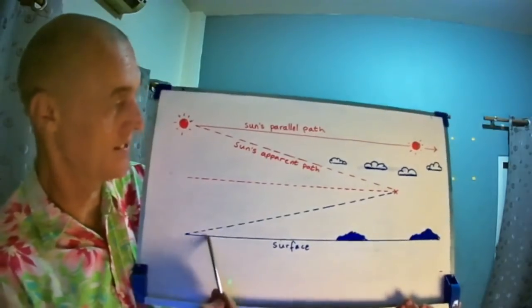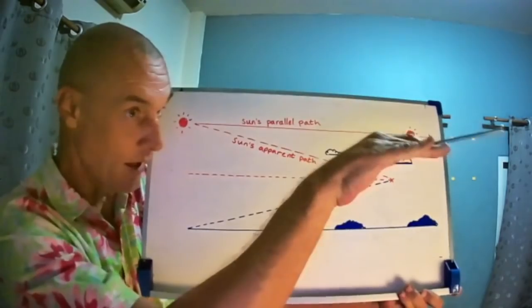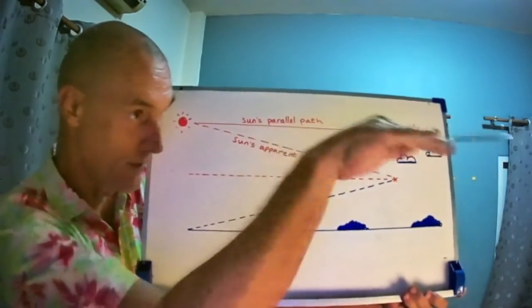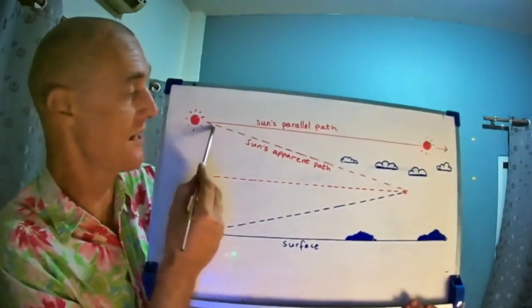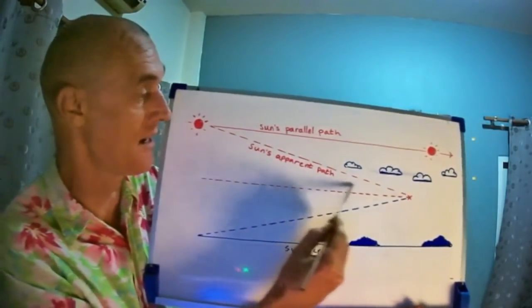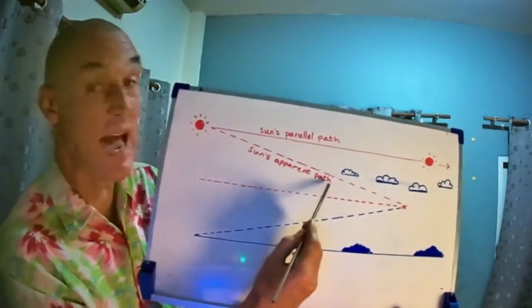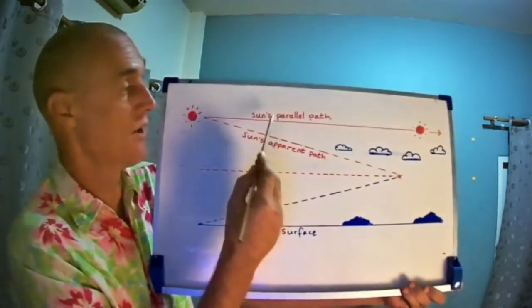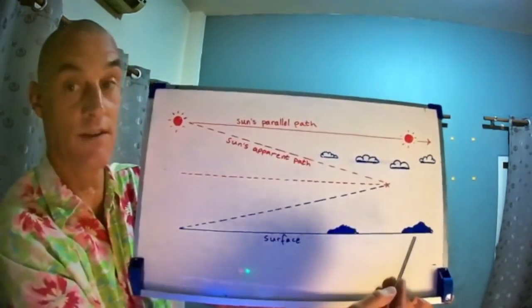And just as we see the surface appear to rise up to our horizon, which is the center of our field of view when we're looking straight ahead, or our eye level, then we see the sun or anything in the sky do the same kind of thing. So we have the sun's apparent path as it goes off into the distance, maintaining the same height above the surface as it goes off into the distance.